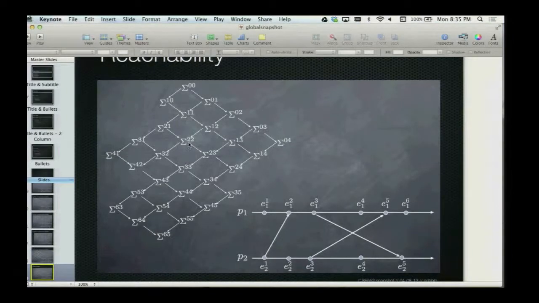So if my snapshot starts in, let's say, E22, and my snapshot finishes at E55, what are the possible states that are reflected in the snapshot? Which of these lattice states might that snapshot end up reflecting? Anything that's going down from E. Number of possible paths. Anything on the path between E22 and E55 could be a conceivable snapshot of the system. That's the way to think about what the snapshot algorithm is doing.